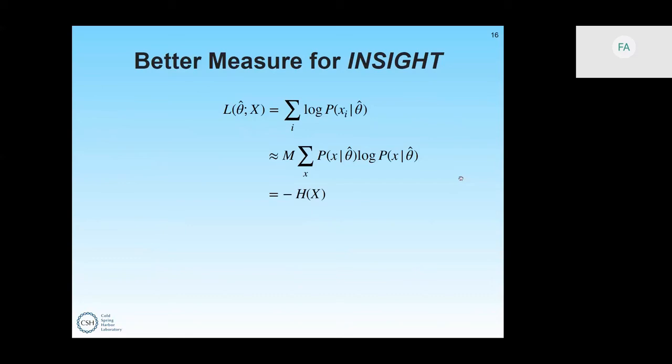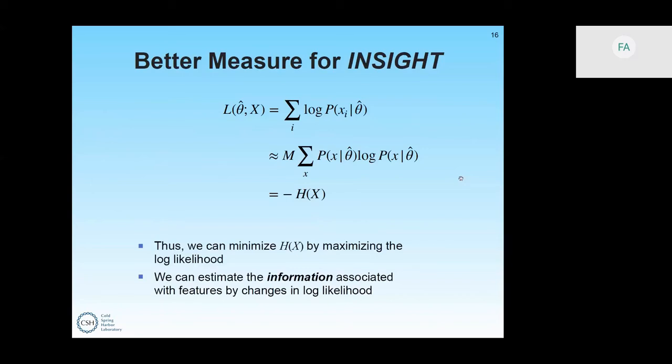I'll refer you to our paper on this topic for details. What that means is we can approximately minimize the entropy by maximizing the log likelihood, and the reductions in entropy accomplished by using a new feature can be estimated by increases in log likelihood that result from including a feature in the analysis.